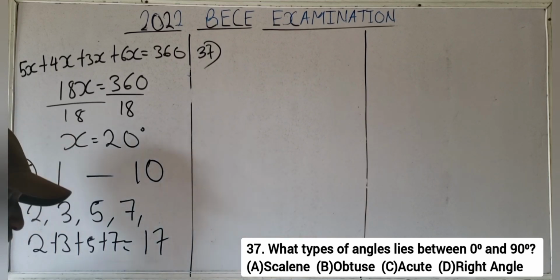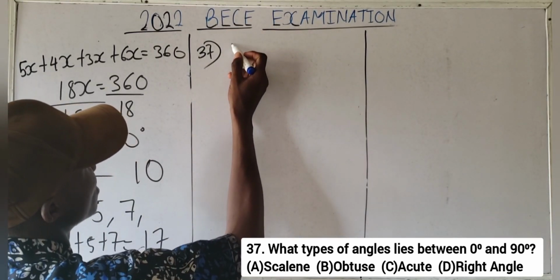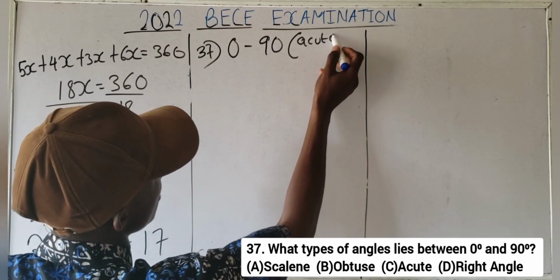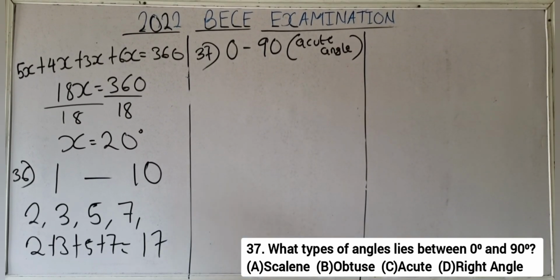Acute angles are angles that fall between 0 and 90 degrees. Listen, 0 and 90, they are called acute. Now, please kindly pay attention. There are other angles that are greater than 90 degrees but less than 180 degrees.